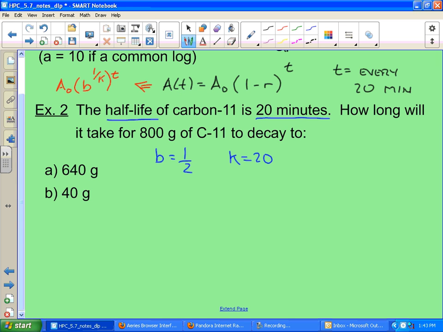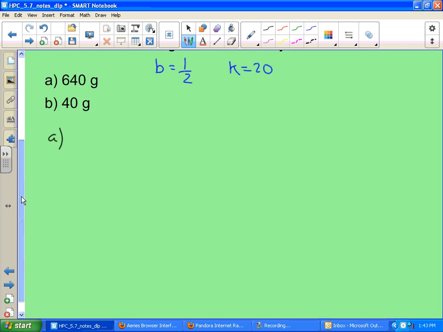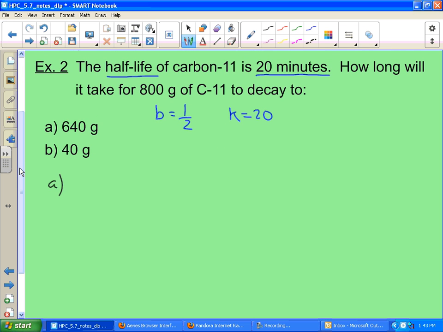You can use the first one. We'll do both. We'll see what happens. So we'll do the first one. We'll go back to the old school. Let's just talk about what happens if you're going to go every 20 minutes on this problem. Let's try it for the 640. What would it look like?